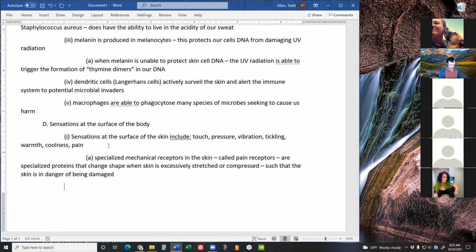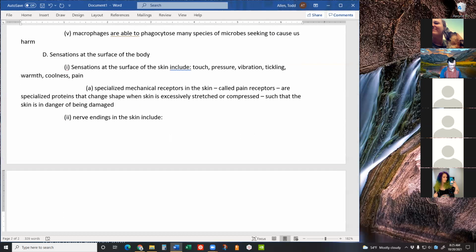So let's see here, just a little bit extra detail on sensations at the surface of the body. The different types of nerve endings and so forth that we have, I'm not going to give you an exhaustive list at this time, but I will mention a couple of them here. So the nerve endings in the skin include tactile discs of the epidermis.